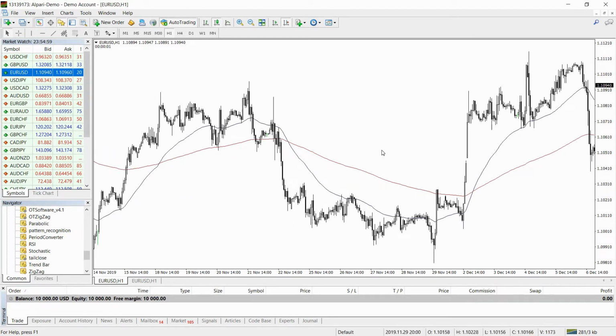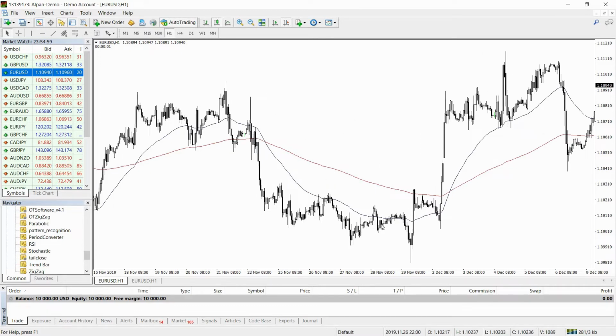It's just the layout looks slightly different, but this is how I trade. This is how I live trade. I trade through MetaTrader 4 purely because we can load expert advisors on here, and we can automate my software. So you see my software here, and we'll show you that in a minute.